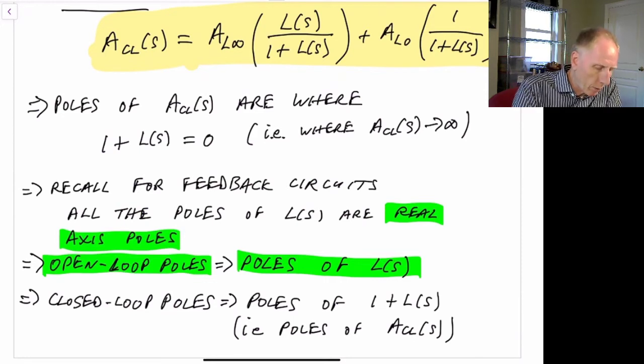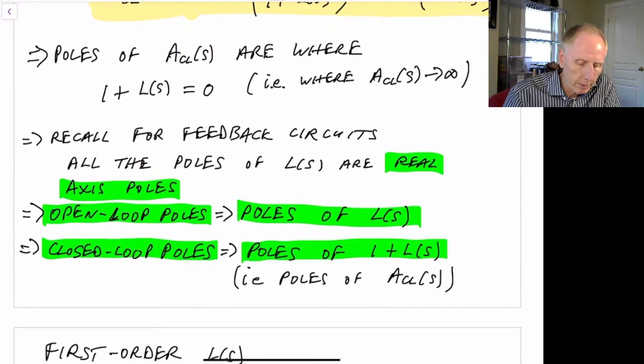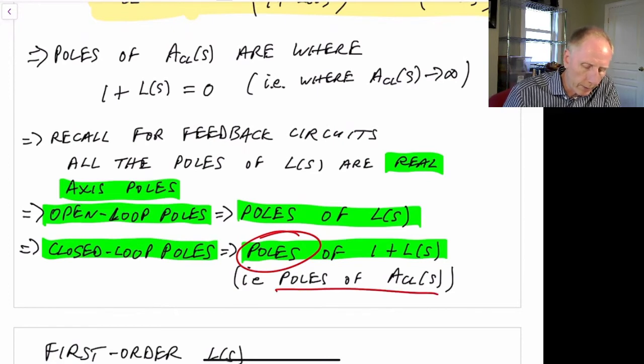Whereas the closed loop poles are the roots of 1 plus L(S). Sorry, that should say the roots here. The roots of 1 plus L(S) would be the poles of A sub CL of S.